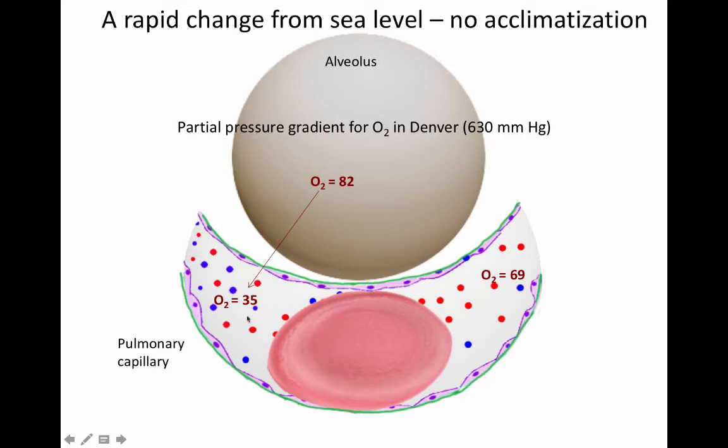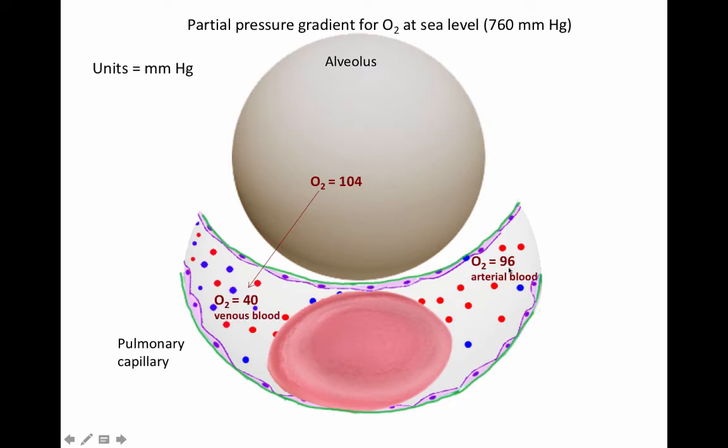So our deoxygenated blood, our venous blood, could be at 35, and then when we push more of this oxygen in, because there is still this gradient that exists, our oxygen within the arterial blood could only be, say, at 69 millimeters of mercury, which is a deficit compared to the 96 millimeters of mercury we would see at sea level.